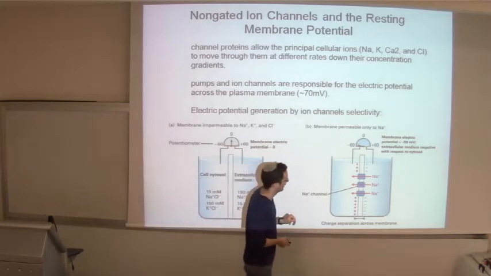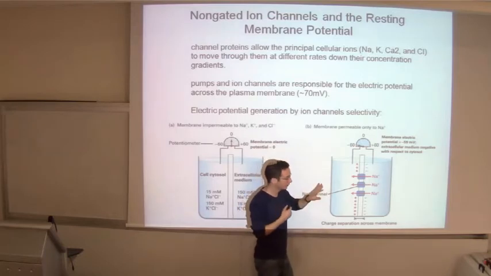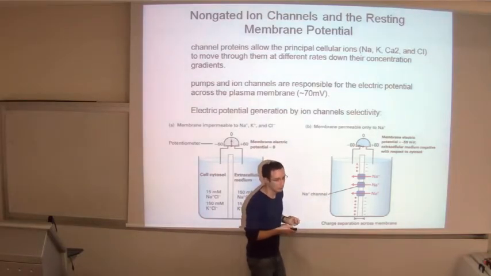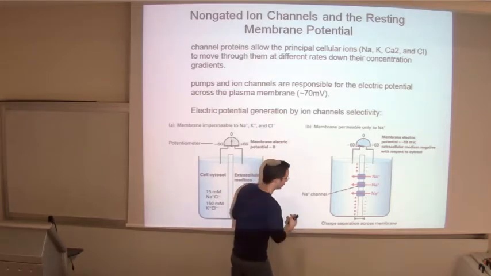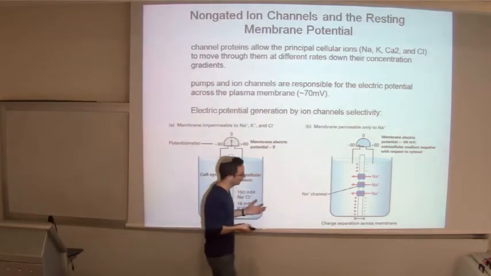0 millivolts. Now it's enough to open a passive channel. It doesn't have to do with ATP hydrolysis or any kind of energy. The energy that's stored here and going to be implicated is the chemical gradient energy.